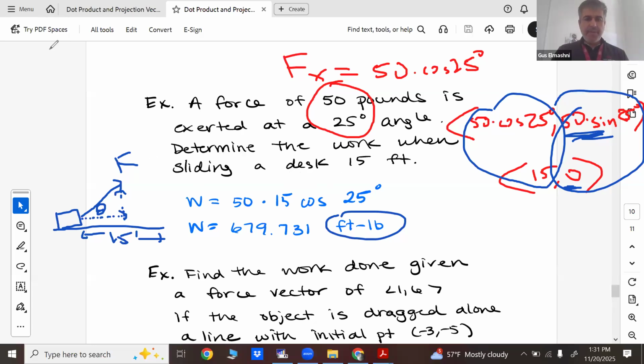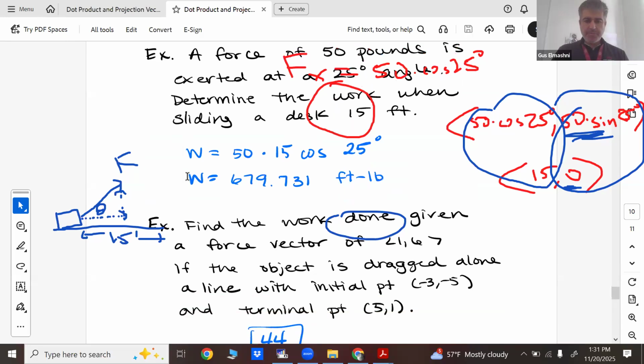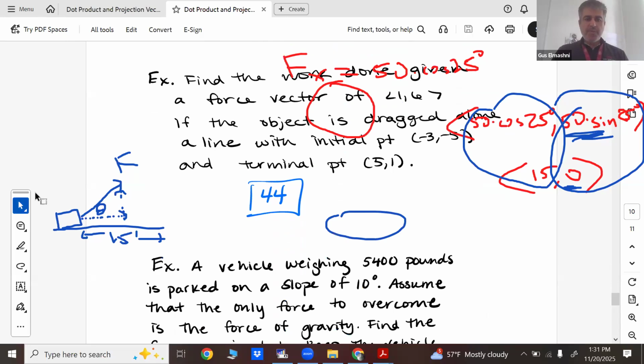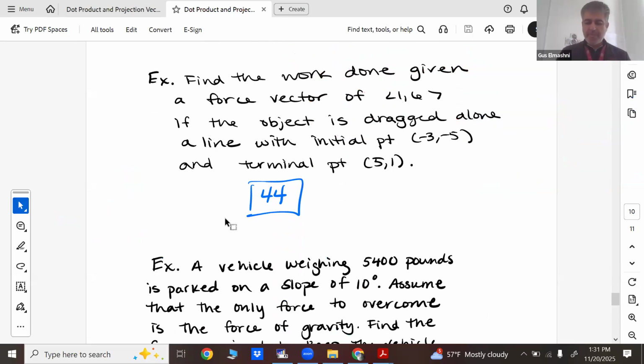Now let's look at the next example. And I don't want to move it. But we're going to work this one out to see if we get the same answer. Okay. So this example. Find the work done with that force vector. It is dragged along a line with initial point -3, -5, and terminal point 5, 1.